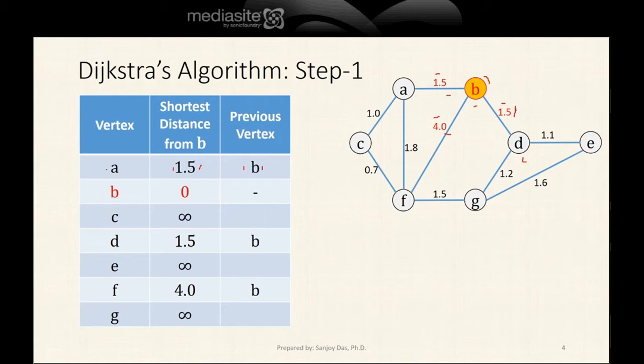So to D, I look at column D, and the distance is 1.5. Finally, the distance to F here is 4.0, and that's through this edge, which has a weight of 4.0.